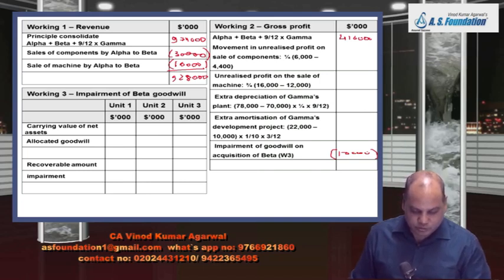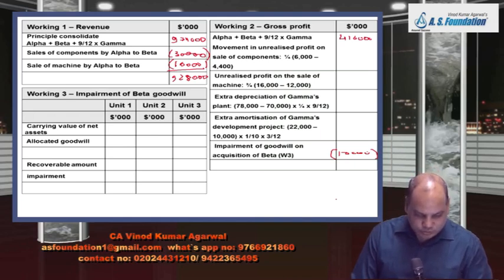Impairment loss will be charged to cost of sale. Nothing is mentioned here about the deferred tax, so ignore it. Okay, only for those items where they are mentioned, we'll discuss the deferred tax.